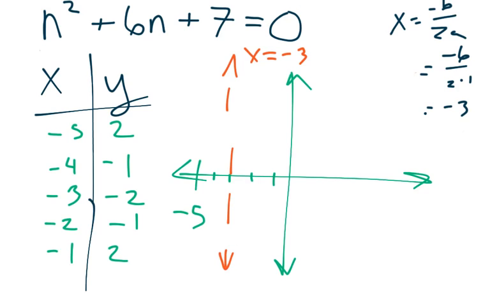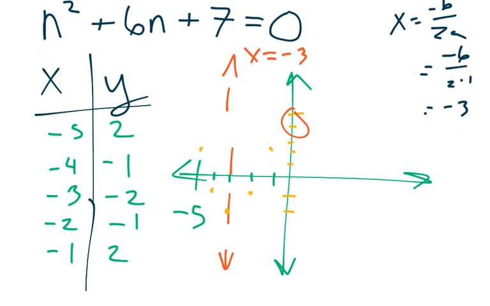I did that in red to show that it's sort of optional, but it's always a good thing to do. And so back at -3, I have -2. And then at -4, I have -1. And then at -2, I have -1. And I kind of like to go back and forth as I do these because it keeps me in check.